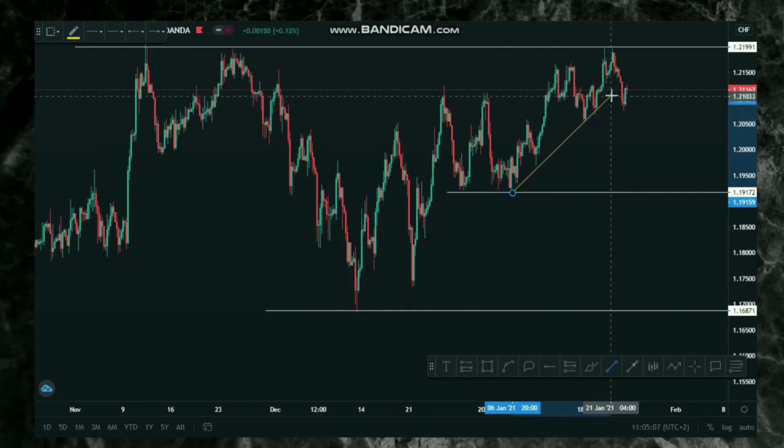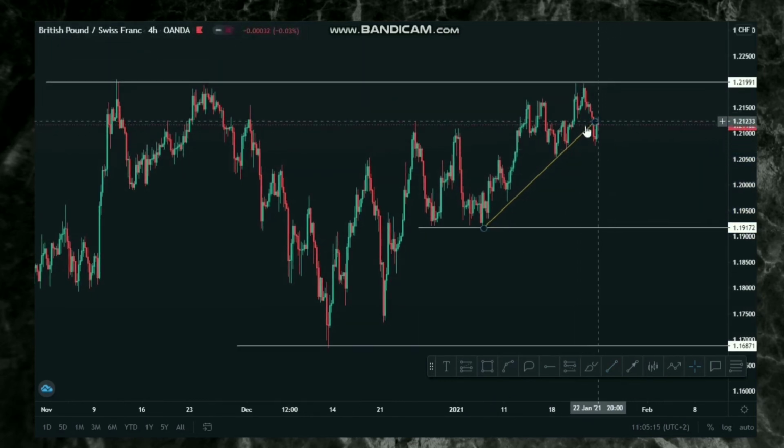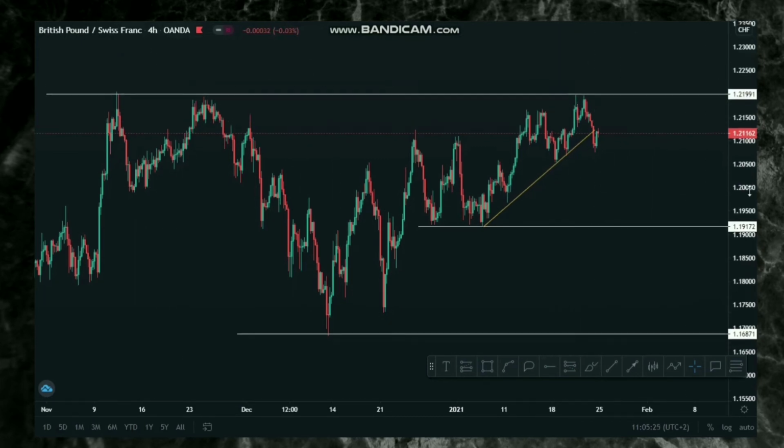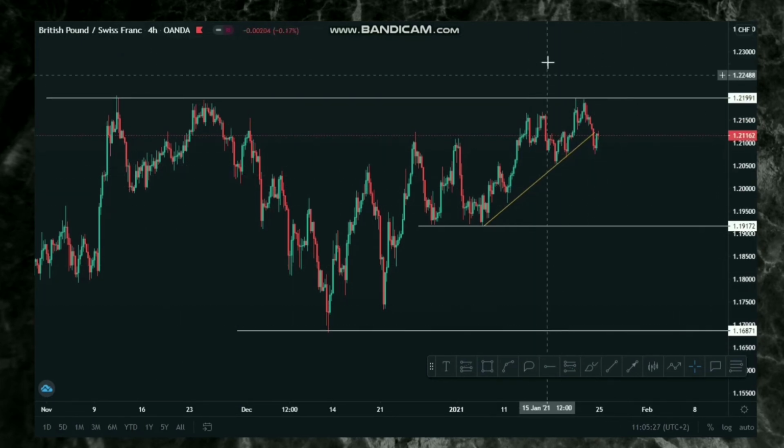It has been respecting these levels up until this point where it got broken. As you can see, respect, then here it got broken to the downside, signaling that this price no longer carries weight. We can expect what? More selling pressure. As you can see, the resistance was also respected more than once, 1, 2, 3, meaning that we can have selling pressure to the downside from a resistance to a support.